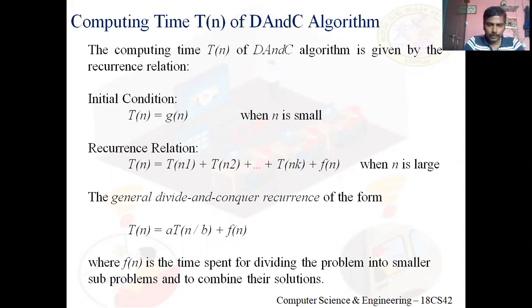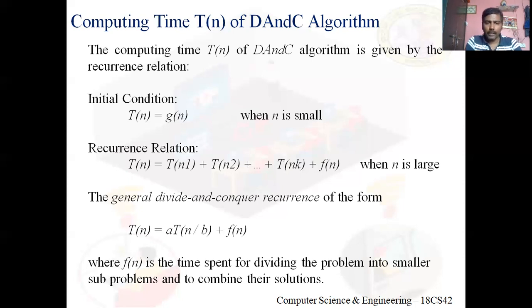You are also given an initial condition, and using your discrete mathematical structures you need to solve this recurrence relation. T of n equals a T of n by b plus f of n is the recurrence relation where n is large, and T of n equals g of n when n is small. This is the initial condition.